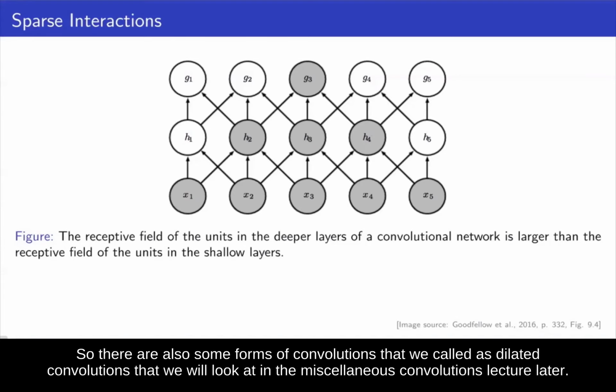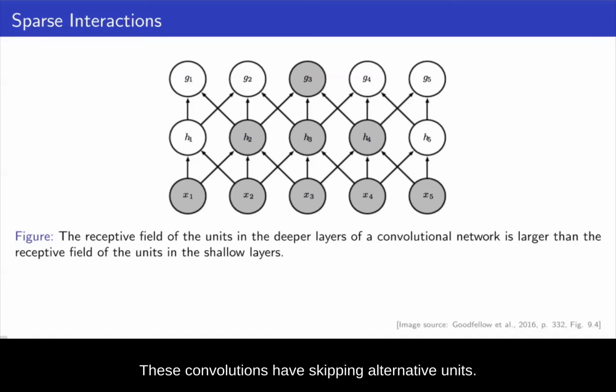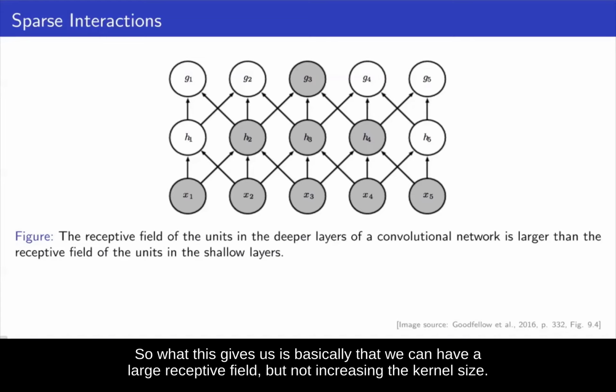There are also some forms of convolutions that we call dilated convolutions, which we will look at in the miscellaneous convolutions lecture later. These convolutions skip alternate units. What this gives us is that we can have a large receptive field without increasing the kernel size.